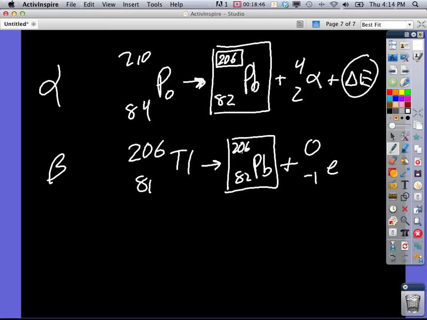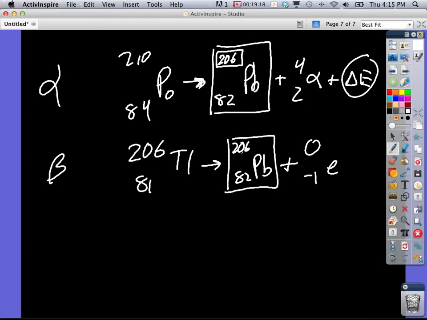What did the thallium lose? An electron. And what got changed in a beta decay? Where did that electron come from? What did this gain from here to here?